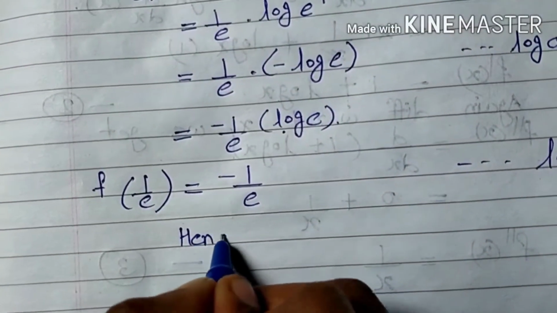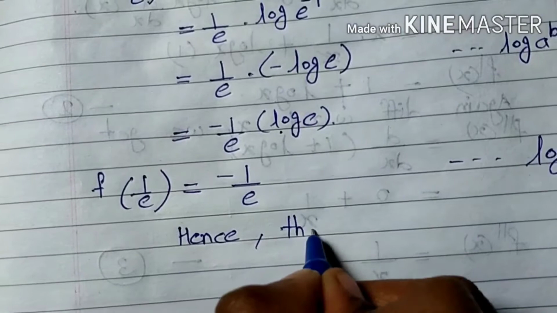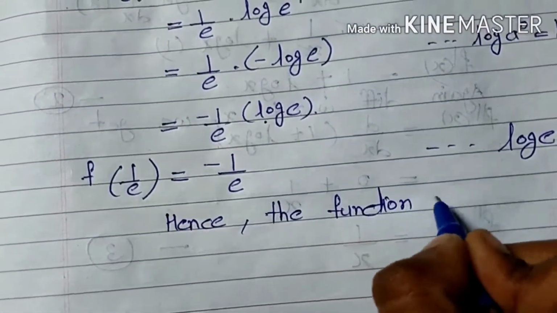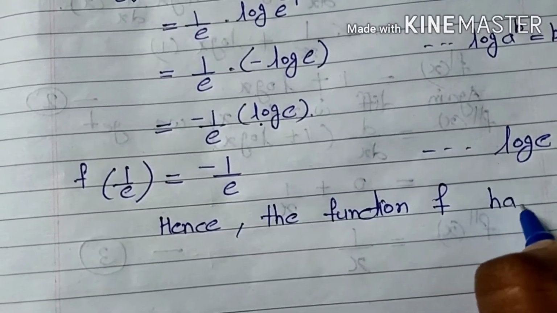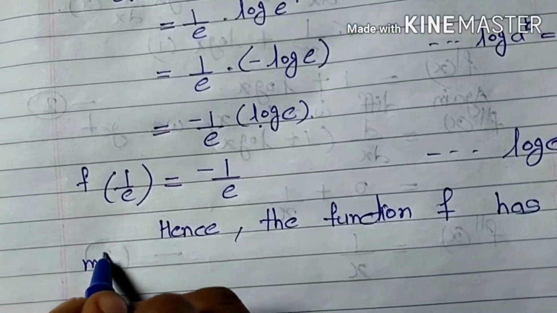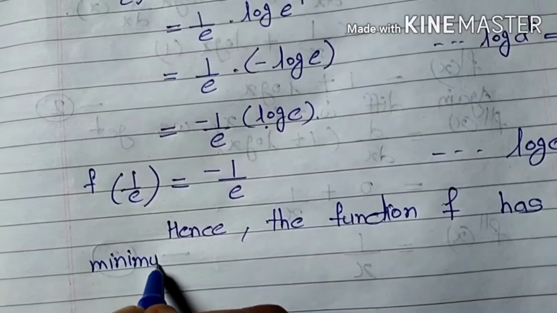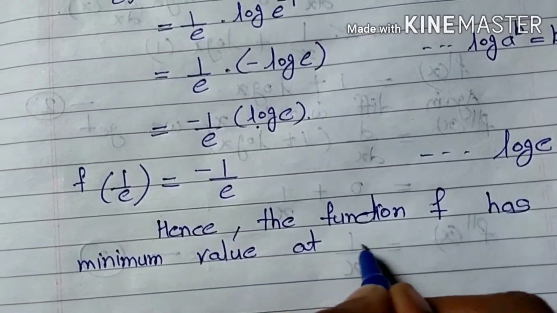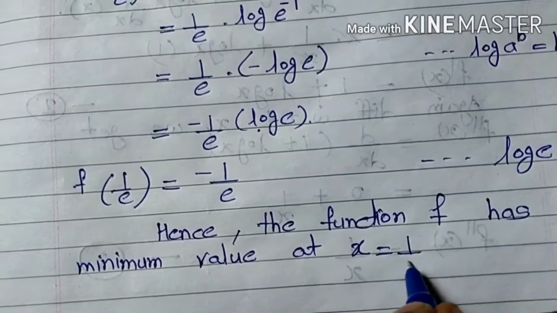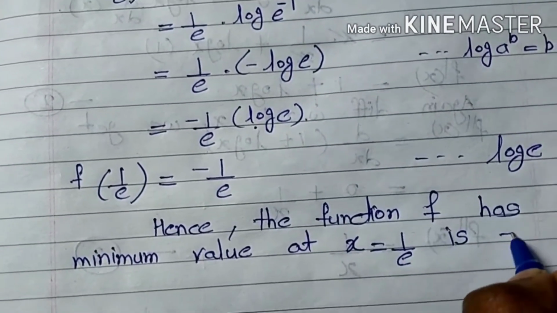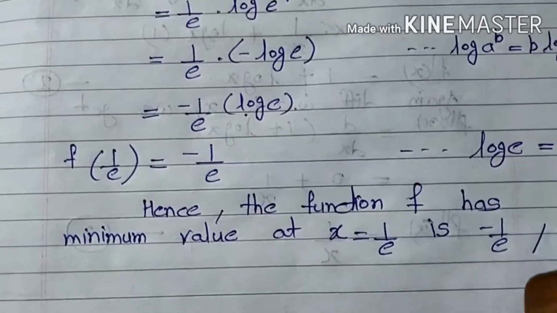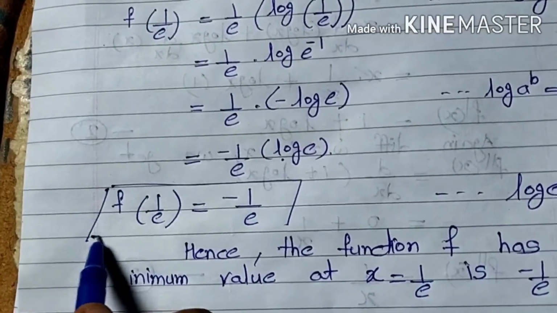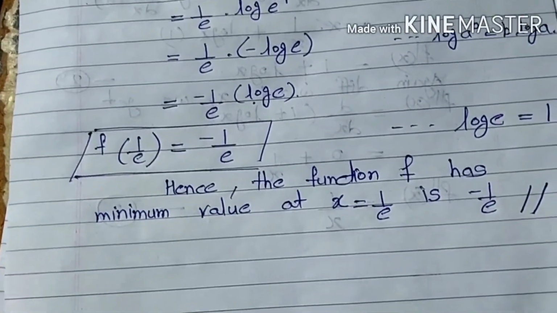Hence the function f has minimum value at x equal to 1 upon e is minus 1 upon e. So this is our answer, or this is our minimum value.